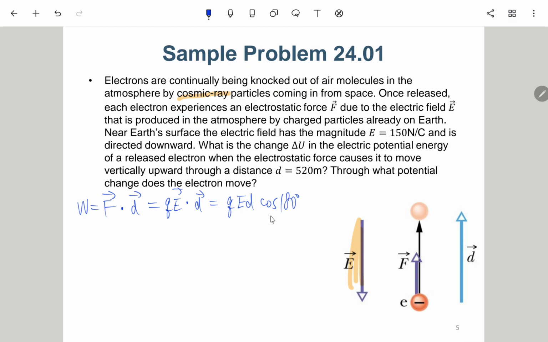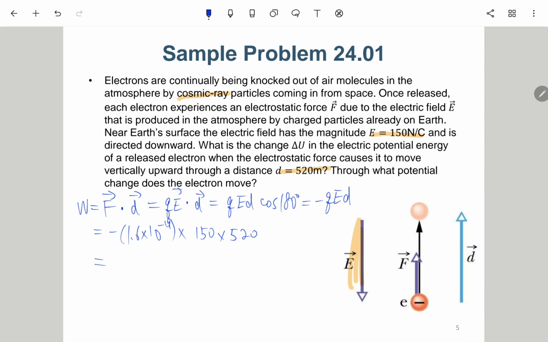So here we have this one to be a -1, and so in such a way we have negative QEd, and then we can just substitute the numbers, which is negative 1.6 times 10 to minus 19, and then times E is this one, and then d is this one. Okay, so it is 150 and then times 520.